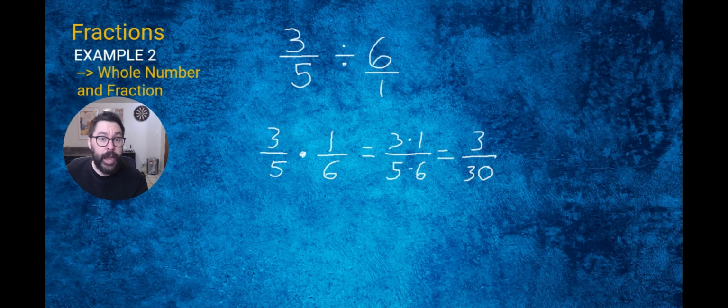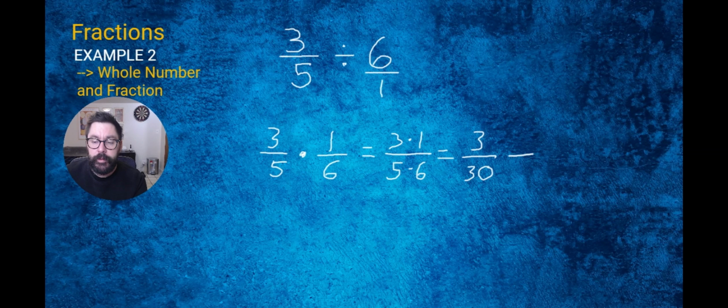And now we want to see if we can simplify. It's kind of like having a clean house, right? You have people over, you kind of want to have a clean house. It's nice and neat. You don't want everything to be a mess. Similar to 3 over 30, it's a bit of a mess, these numbers, and we can clean it up. We can make it much neater. So we're looking for something we can divide 3 by, and also we can divide 30 by, and that would be 3.